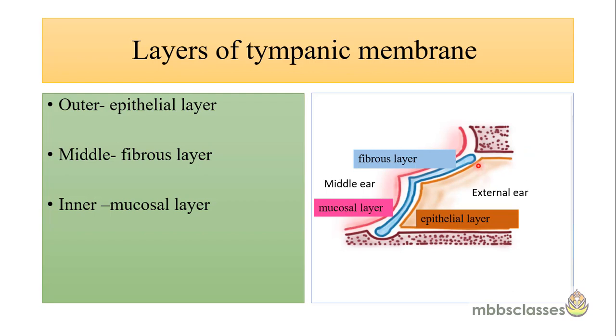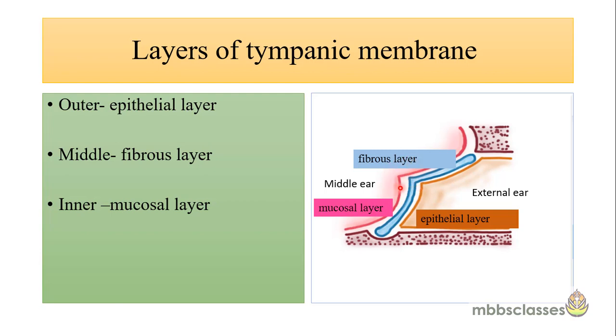Then next to the epithelial layer, the middle layer is the fibrous layer, or we call it the lamina propria. This fibrous layer is not present throughout the tympanic membrane. The tympanic membrane has two parts: the pars tensa, which forms the majority of the tympanic membrane, and the pars flaccida. In the pars tensa, this fibrous layer is present, whereas in the pars flaccida, it is absent.